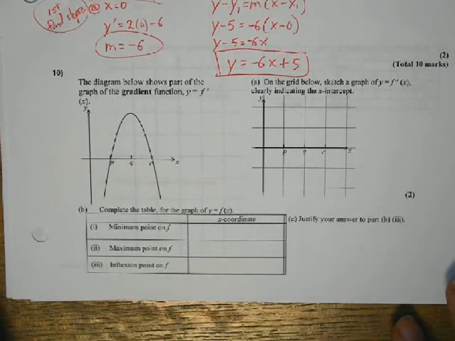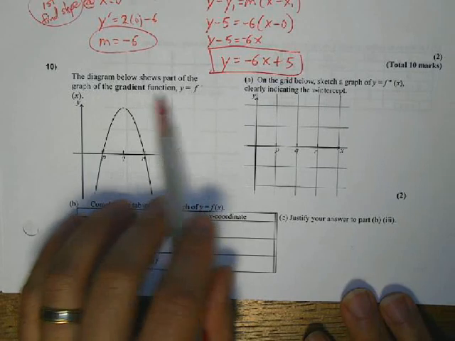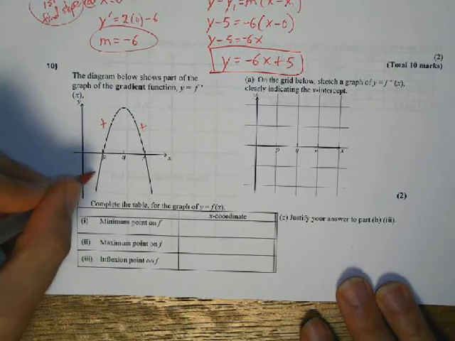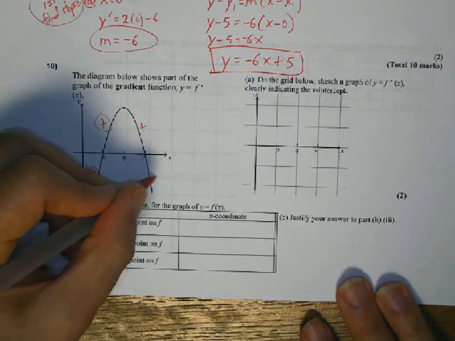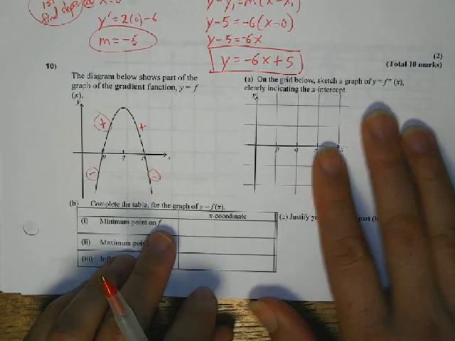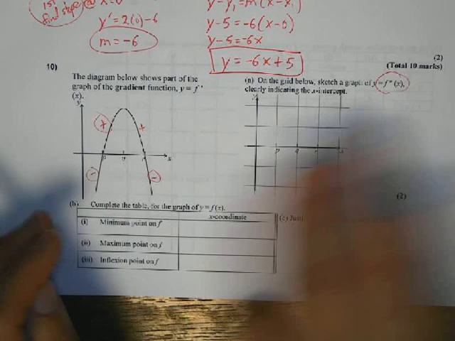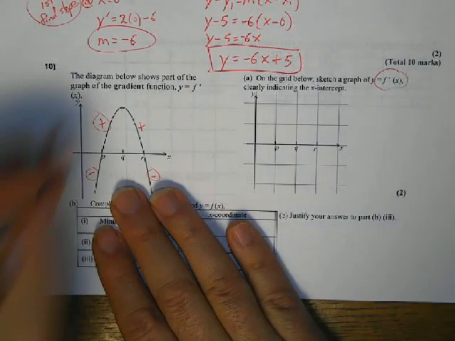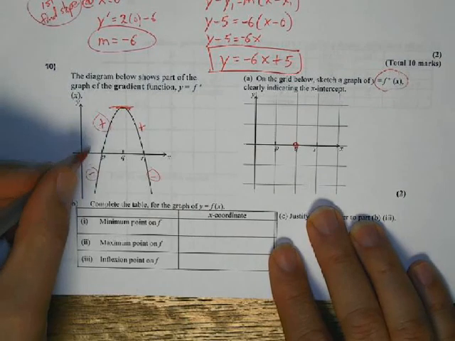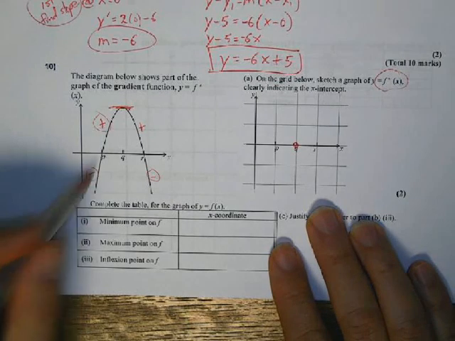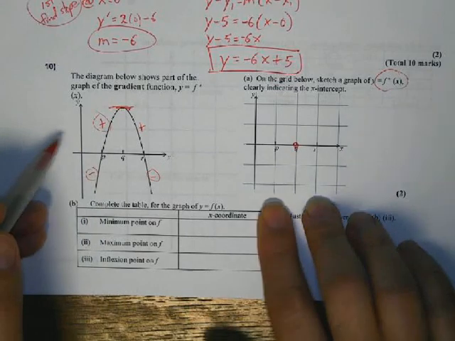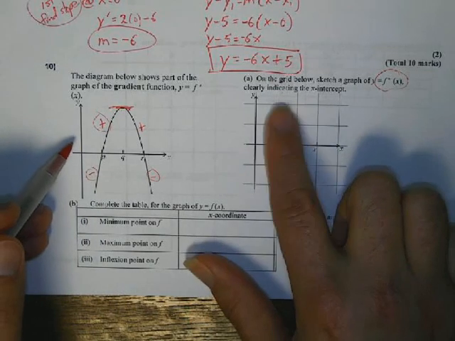The diagram below shows the graph of the first derivative. If I want to take the second derivative looking at this graph, we know that it's 0 at q, where the x-intercept is.